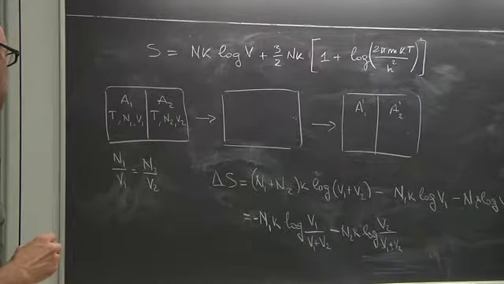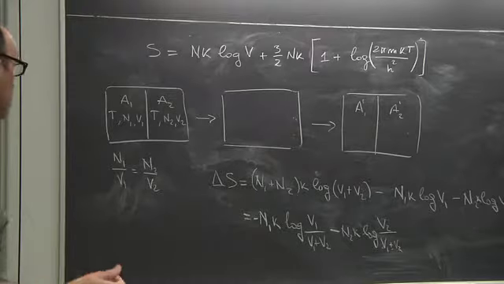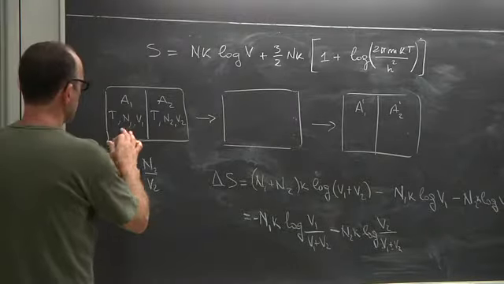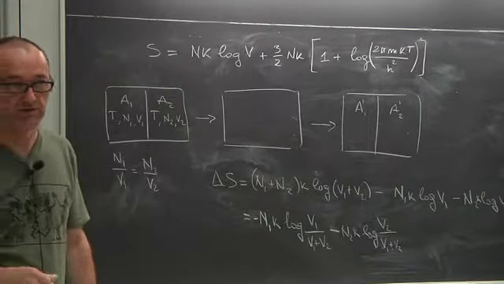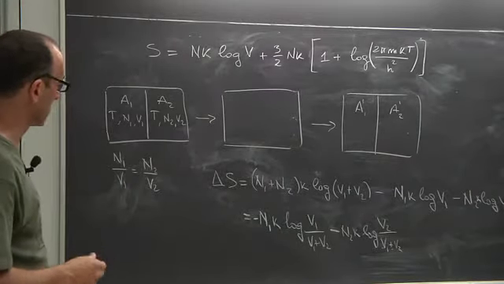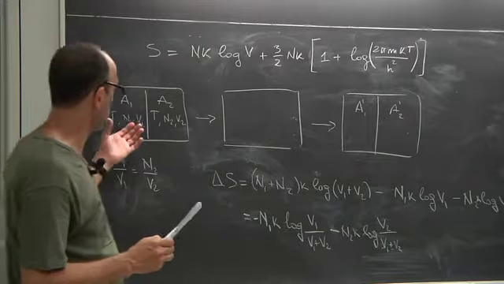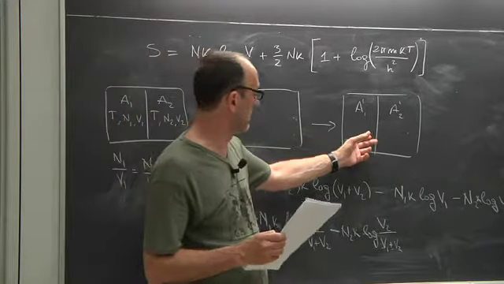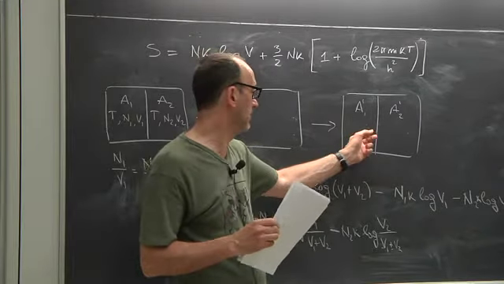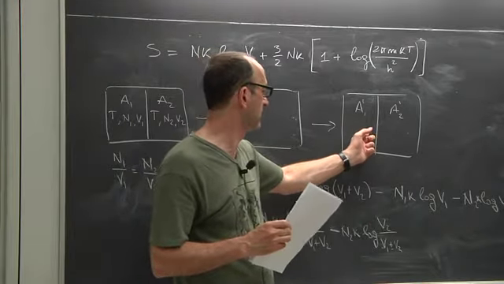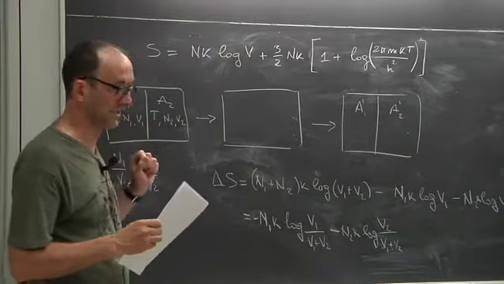Now, however, if the two systems are the same gas, the same molecules, then effectively this change is a reversible change, because there is no way in which you can tell the difference between this state and this state.